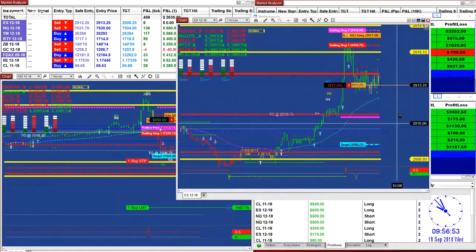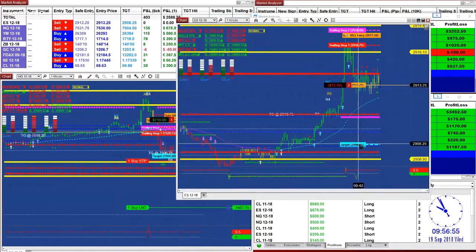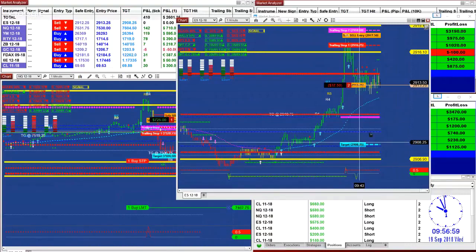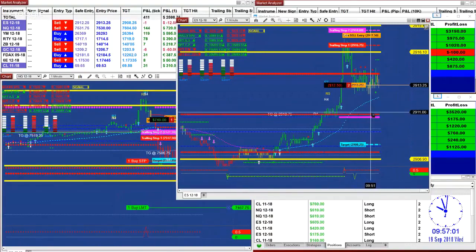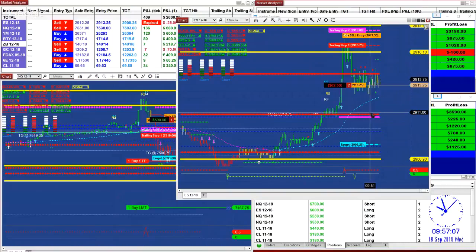The ES right now in this condition is gonna nail it all the way to the 2908 at the moment. But I can tell you one thing, if the ES is gonna drop, it's gonna drop from 1325 to 11. If you are following that trade, because I'm chasing Nasdaq, Dow Jones, CL, sometimes I cannot keep up with everything.